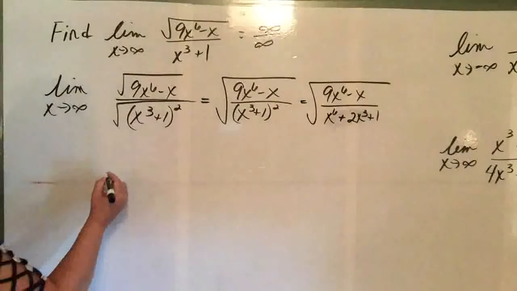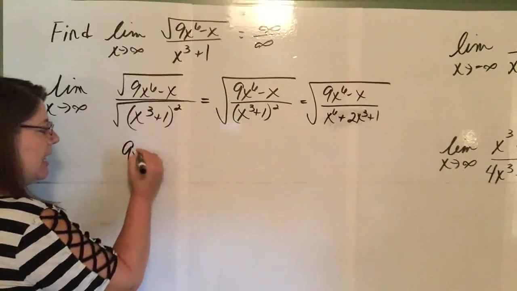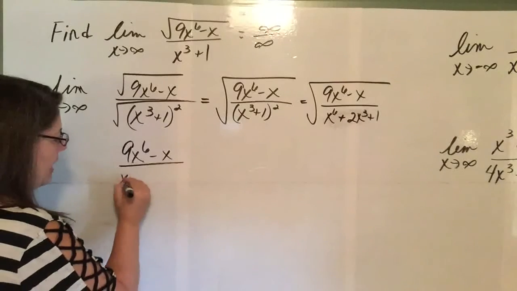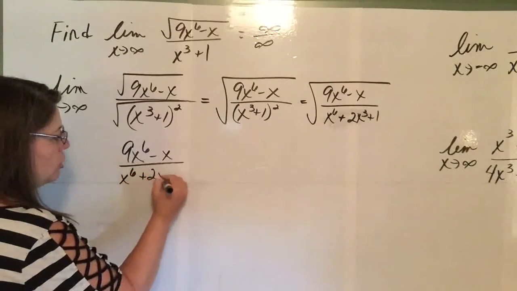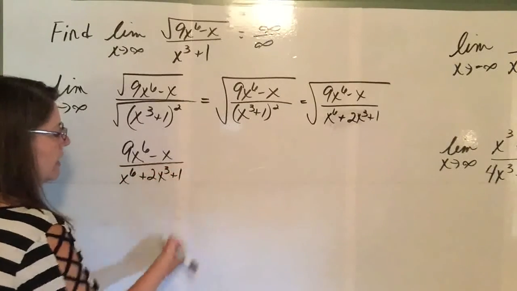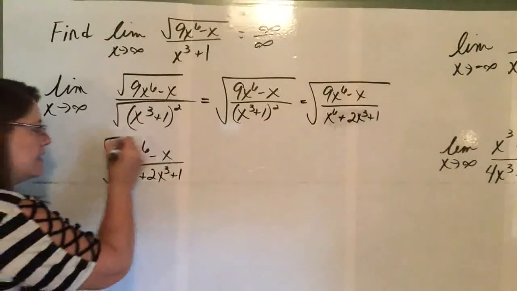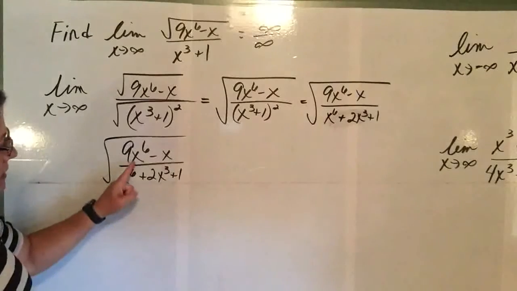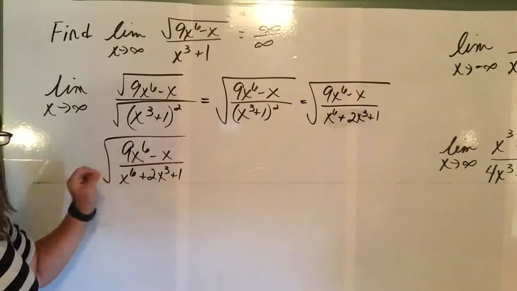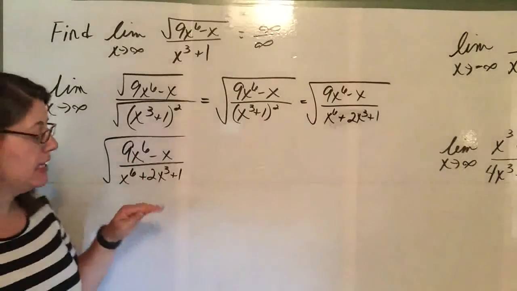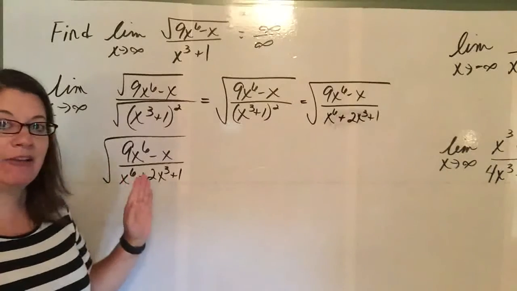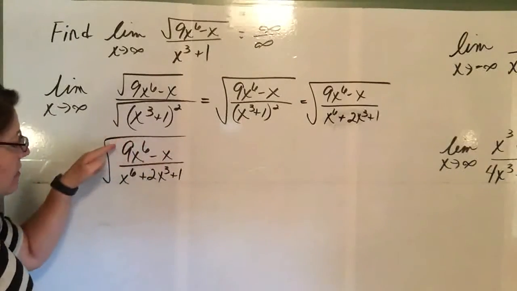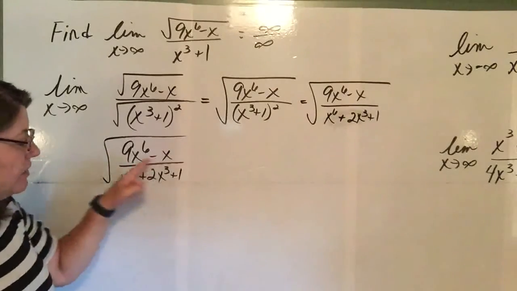On the top, we have 9x to the 6th minus x. And on the bottom, we have x to the 6th plus 2x cubed plus 1. Now, if you look at that, the highest power of x is x to the 6th. I want to divide everything in this fraction by x to the 6th. So I want to divide the top by x to the 6th and the bottom by x to the 6th.